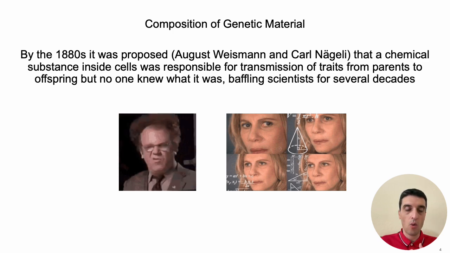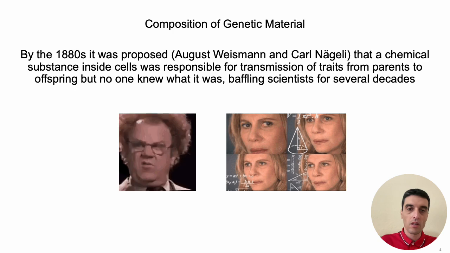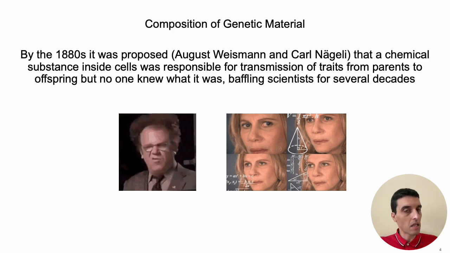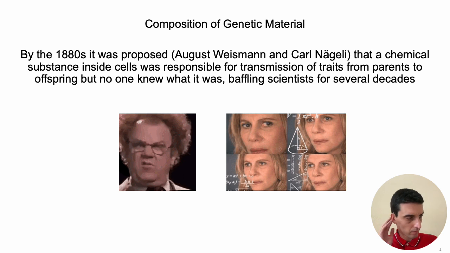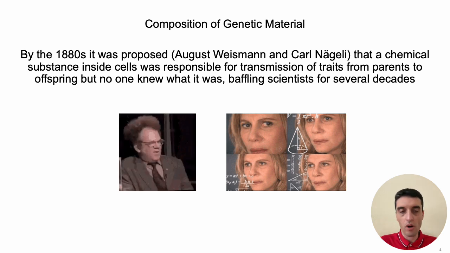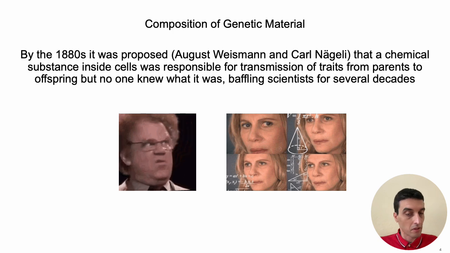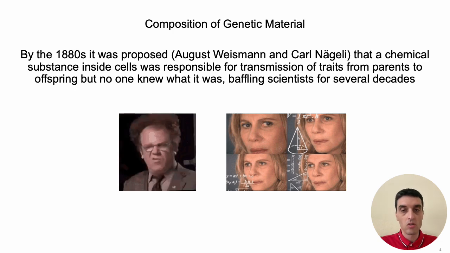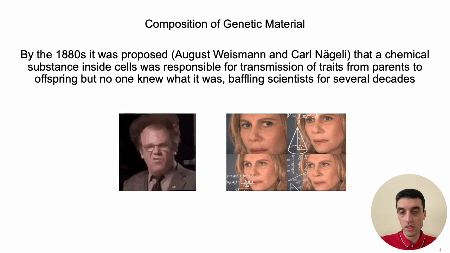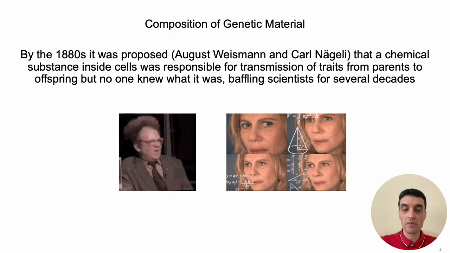So it helped understand how we were domesticating cattle, pigs, chicken, and plants like cauliflower, lettuce, carrots. So we already knew that something was passing from parents to offspring, and we started to select some traits for that.